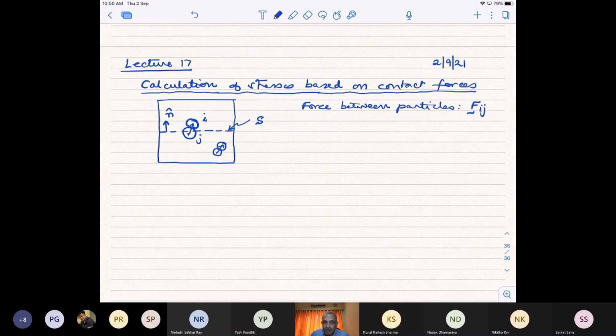So the total force that is acting on the surface, which I'm going to call F total, is just going to be equal to the sum over all the contacts. There may be many contacts within the volume of particles touching each other, like we saw a little while back in that example.